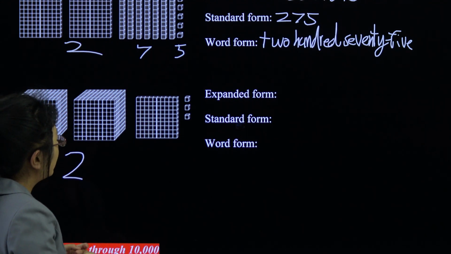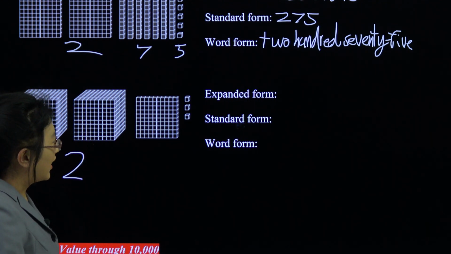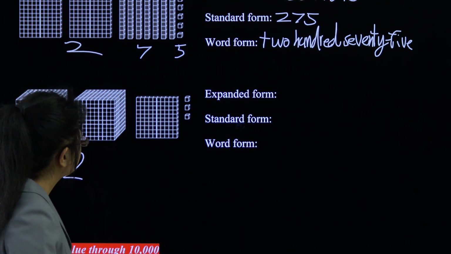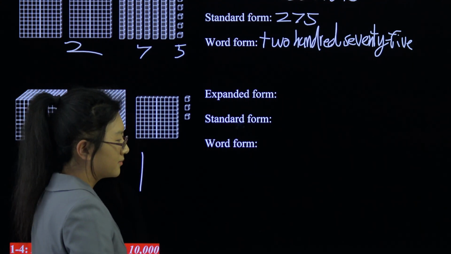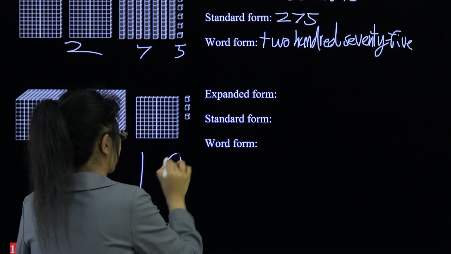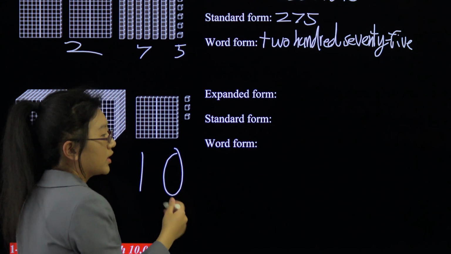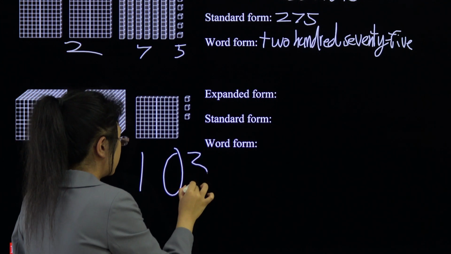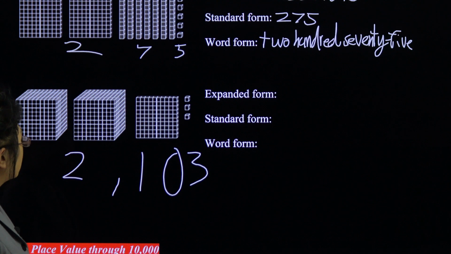And then we have 1 hundred block, and that's 1. But there's no tens blocks. So for the tens place, we're just going to write 0. And then there's 1, 2, 3 units cubes, or unit cubes. Well, we have the standard form now.